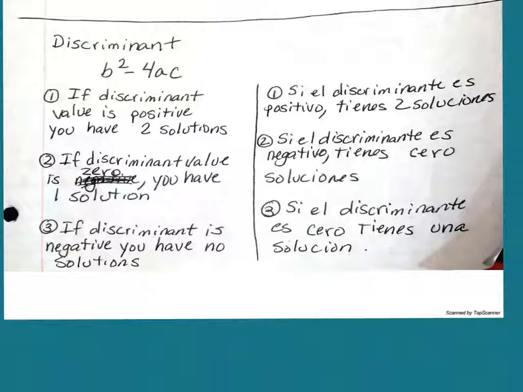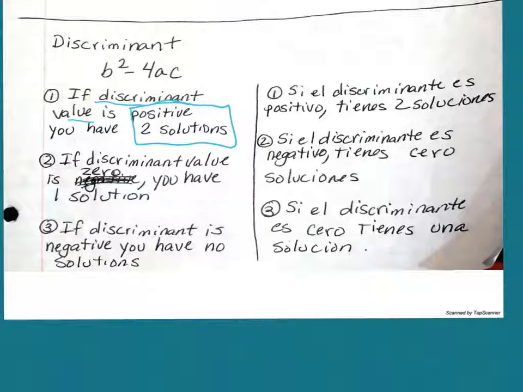The second major topic that will be covered on the test is the discriminant. Now, I've listed here the major ideas behind the discriminant. One of those is what the discriminant actually gives you as a value and what it means. So it states here, if the discriminant value is a positive number, you're going to have 2 solutions, okay?